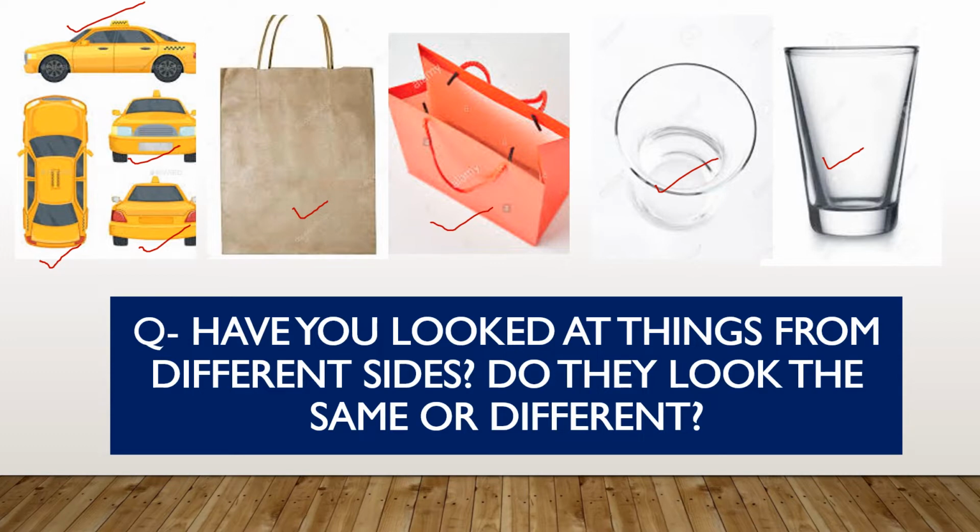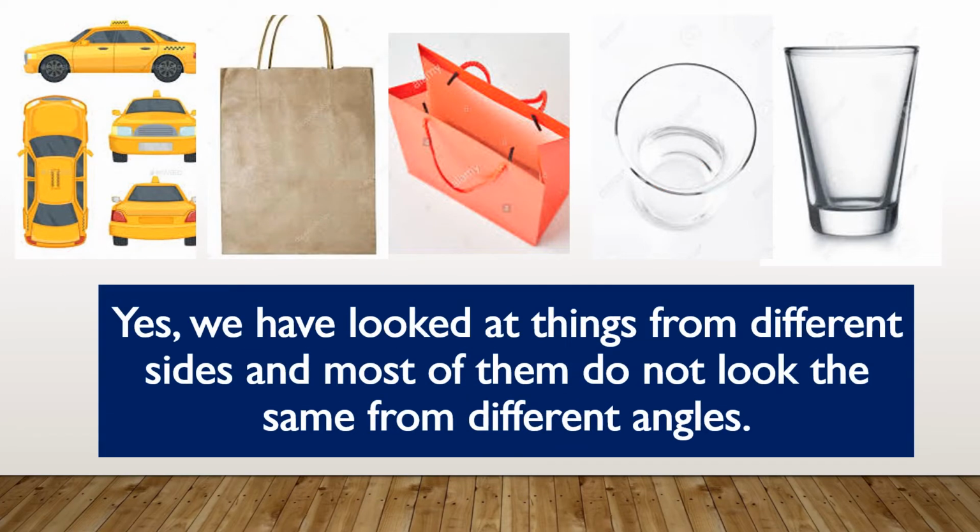We can see that none of the views are similar to each other. So what do we conclude? We conclude that yes, we have looked at things from different sides and most of them do not look the same from different angles.